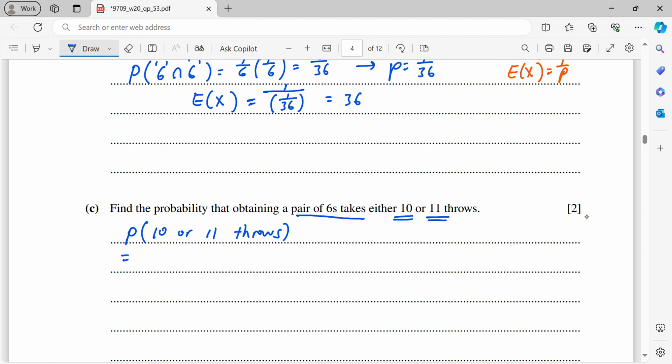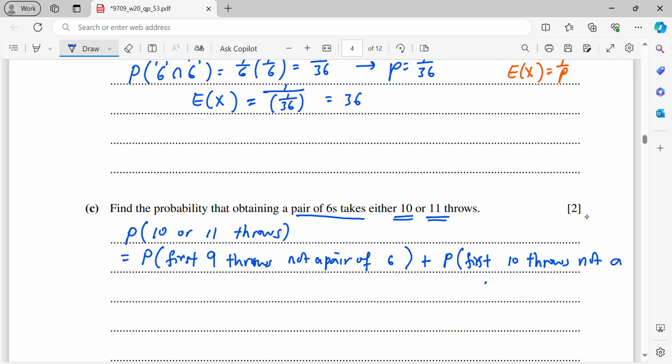So if 10 throws means that the first 9 throws are not a pair of 6. Not a pair of 6. Or, plus, 11 throws means the first 10 throws are not a pair of 6.